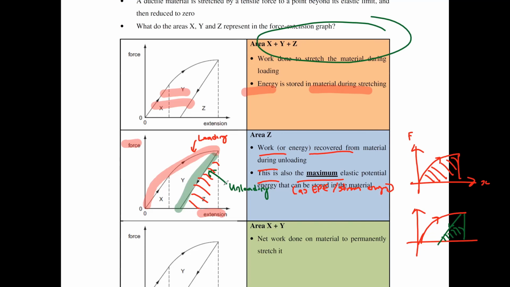So over here, your area Z is representing the energy or work that will be recovered from the material during unloading. Specifically, it is also the maximum EPE that can be stored inside the material. All right, because this is the amount that you can recover back. So this is the maximum elastic potential energy that can be stored in the material.